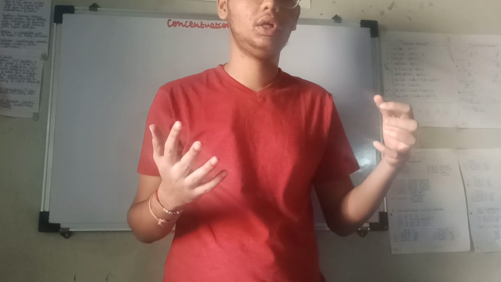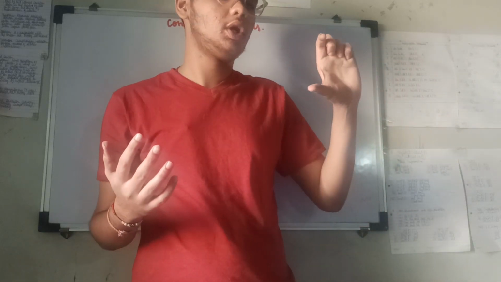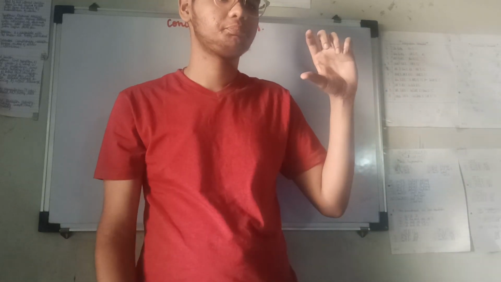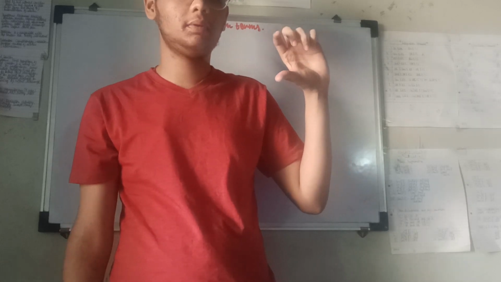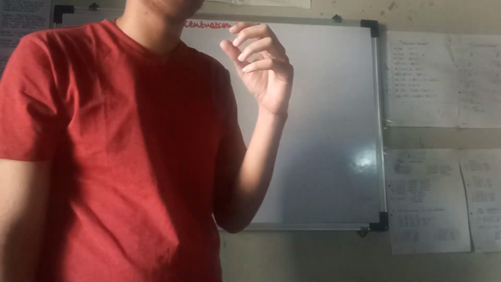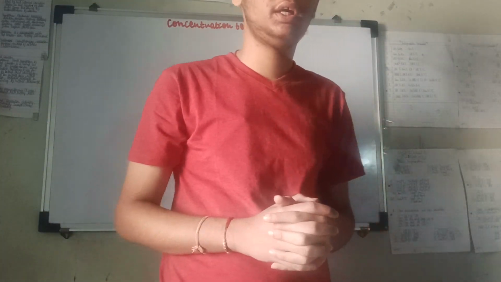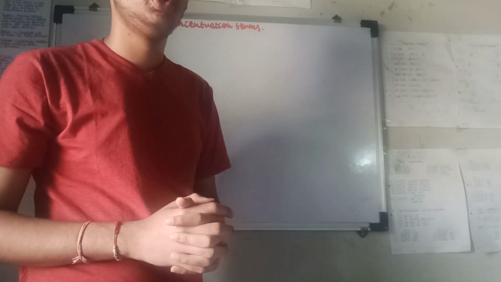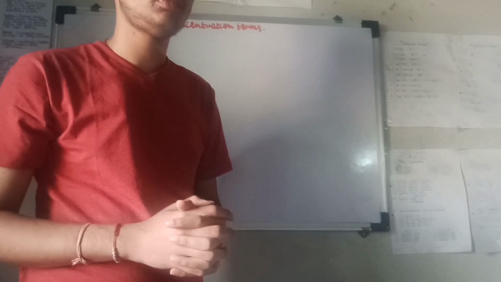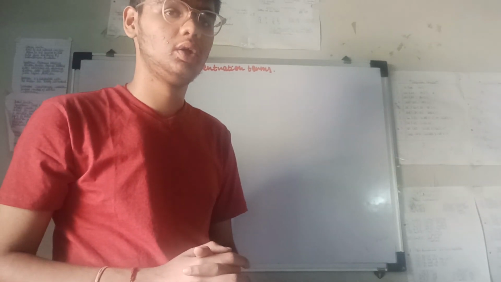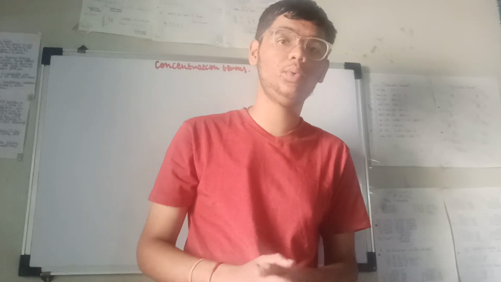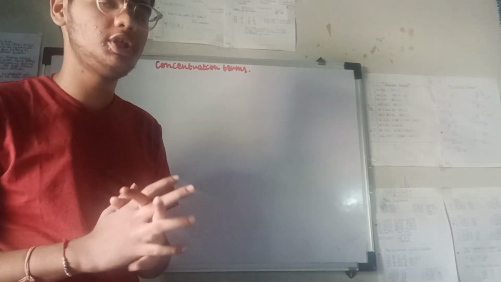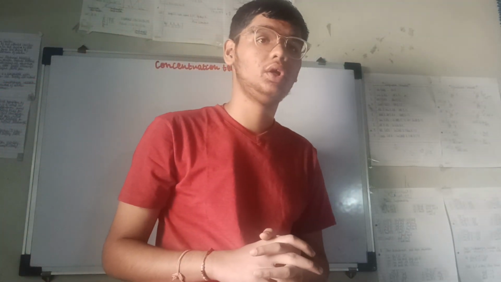Like, when you are given a syrup, you can see that volume by volume percentage is written there. If you are eating oral pills, then weight by weight percentage is given there.